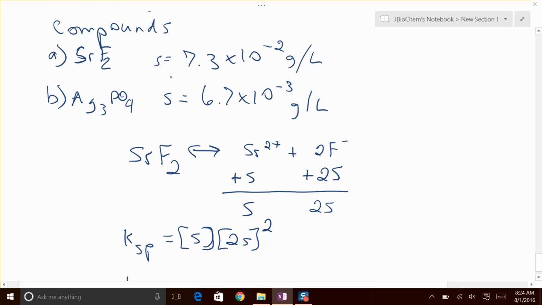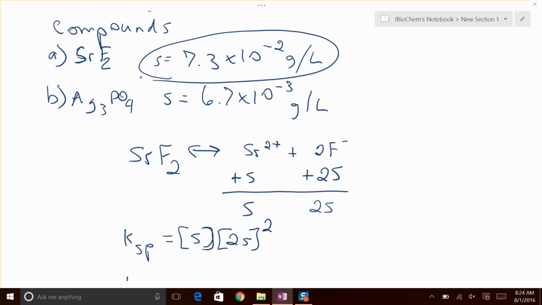Well, they gave me S, right? Except, what do I notice about that S? Is it in molar solubilities? Is molar solubility grams per liter? No, molar solubilities are moles per liter.